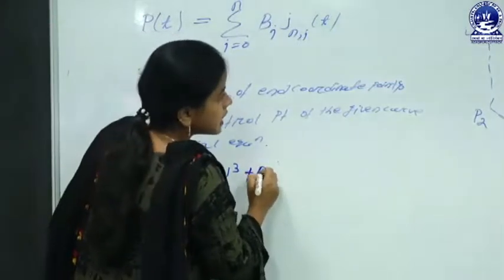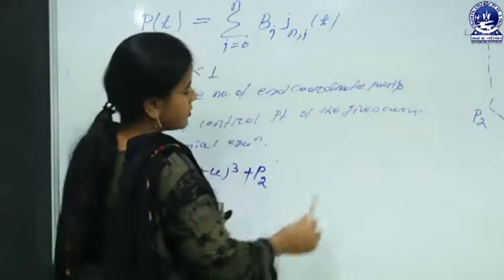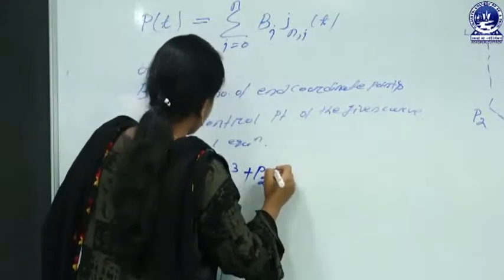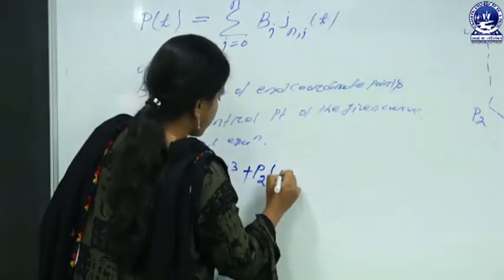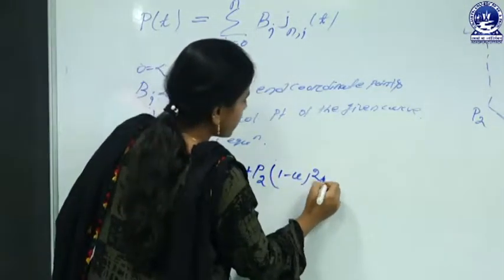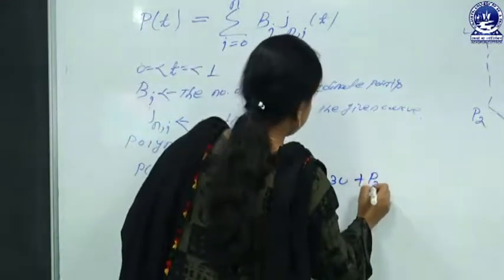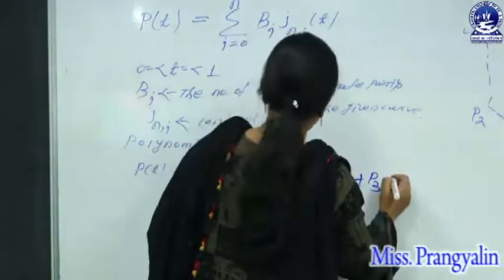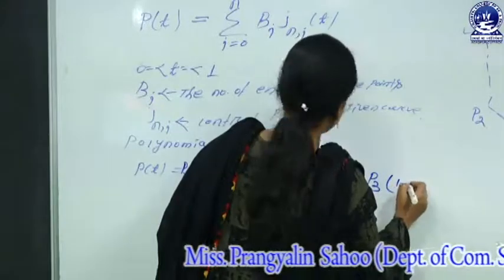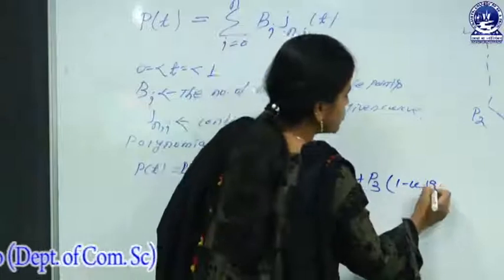So then the next intermediate coordinate pixel point, that's your P2, is (1 minus u) square multiplied with 3u. Then P3 multiplied with (1 minus u) 3u square.